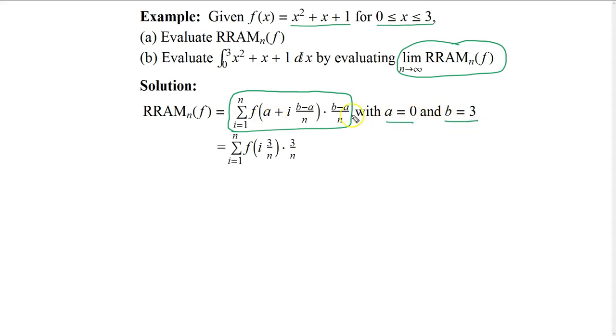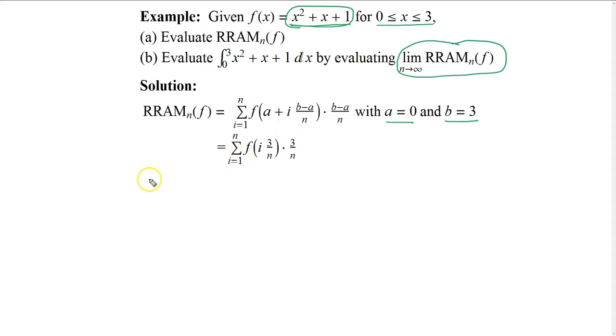So putting 0 in for a and 3 in for b, we end up with this. And now what we have to do is simplify this expression by putting i times 3 over n in for all the x's up here in our function, and then we'll expand everything and simplify.